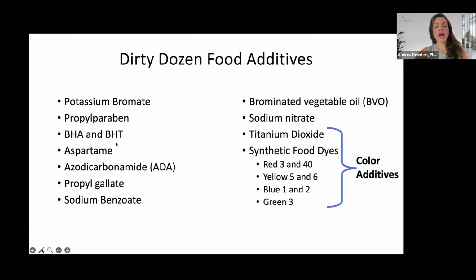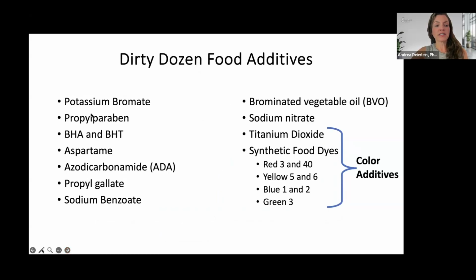Okay. So, obviously, there are many, many different types of food additives that you're going to see looking at any ingredient list for foods, and there are lots of them. So, I did focus on this dirty dozen of food additives, which is based on a list created by the Environmental Working Group.